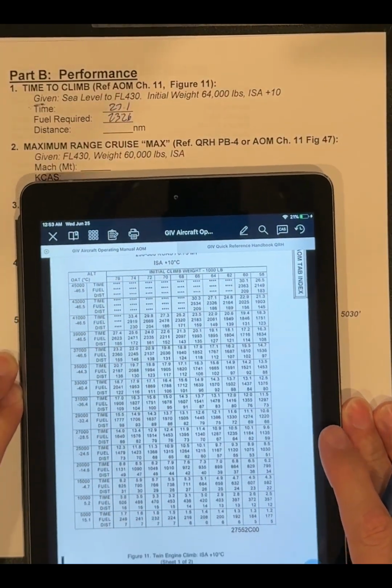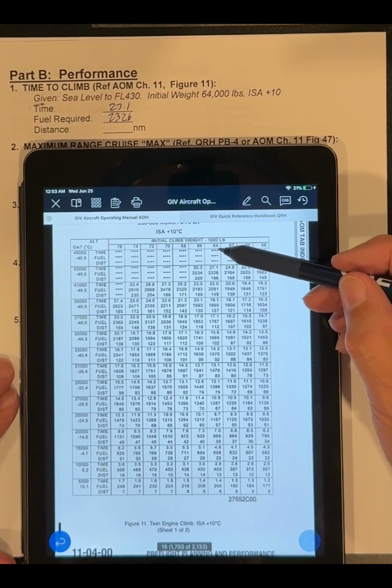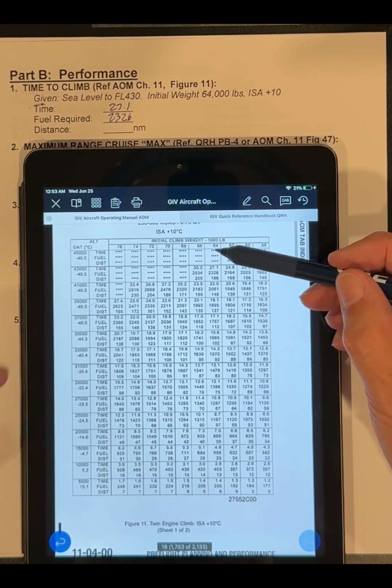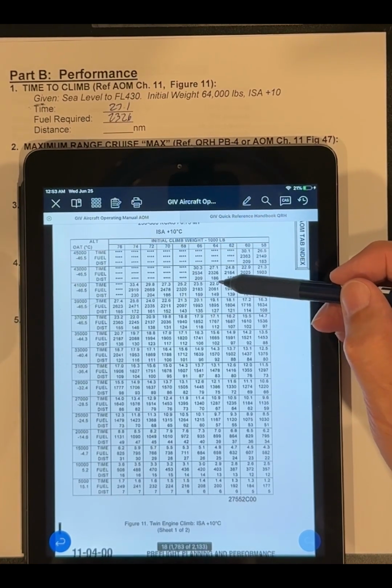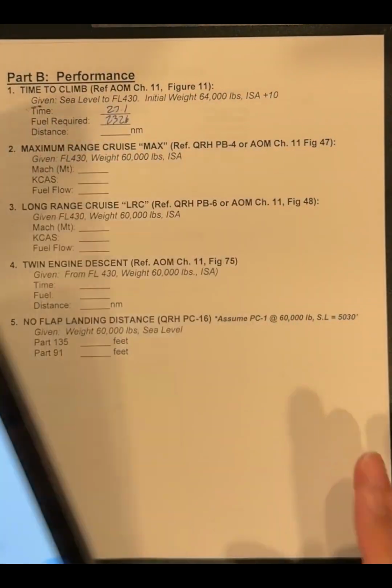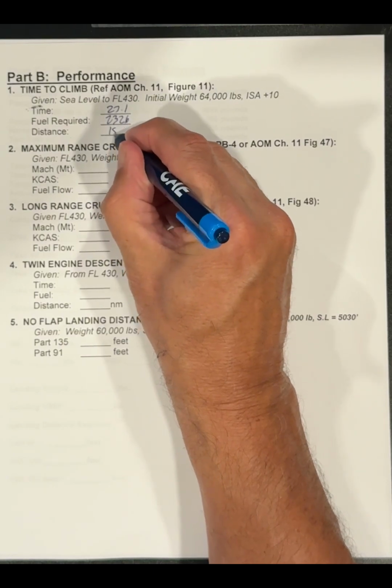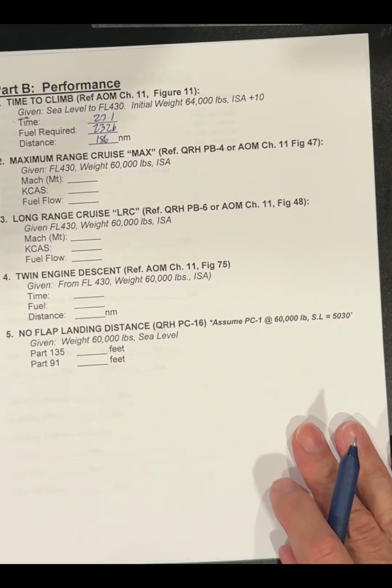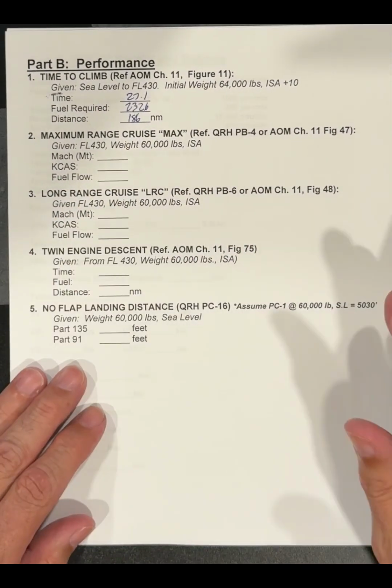And the distance, how far are we going to travel? 64,000 pounds, 43,000 feet, 186 miles. So we're going to put 186 nautical miles right here. Excellent. Perfect. Okay, that's done.